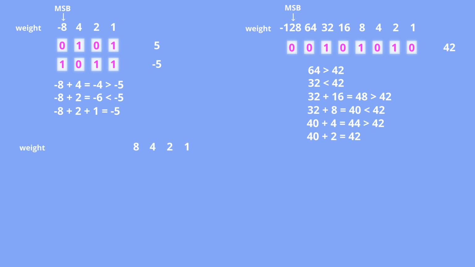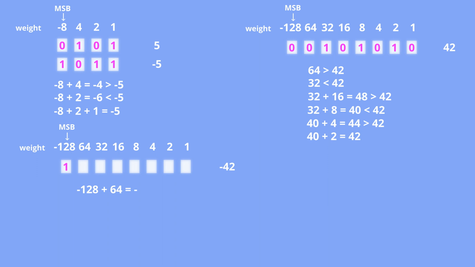Now let's make 2's complement representation of the number negative 42. We need to take negative 128, because negative 42 is a negative number. We need to take 64, because negative 128 plus 64 equals negative 64, and negative 64 is less than negative 42.